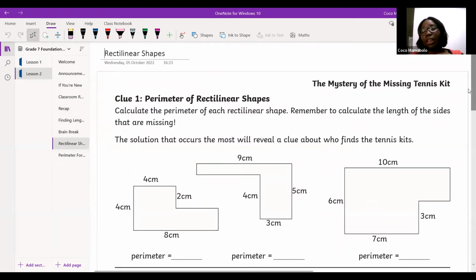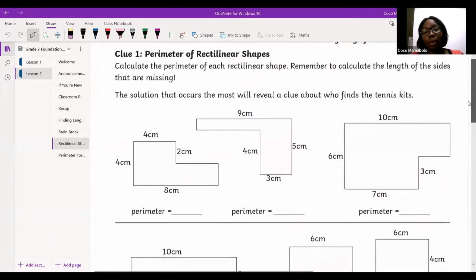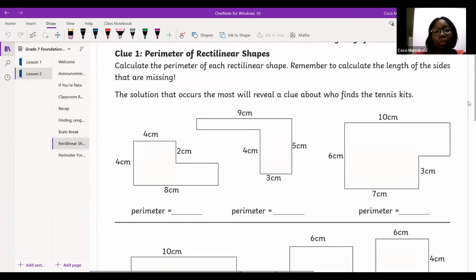We're going to be calculating the perimeter of a rectilinear shape. The word rectilinear has the word rectangle in it. You see that? Somewhere the word rectangle comes out.